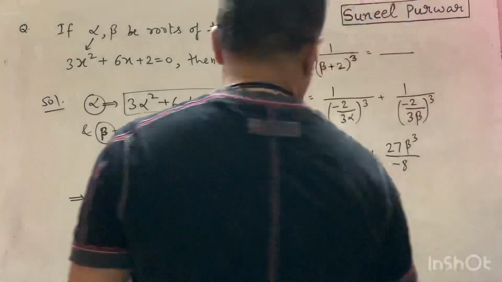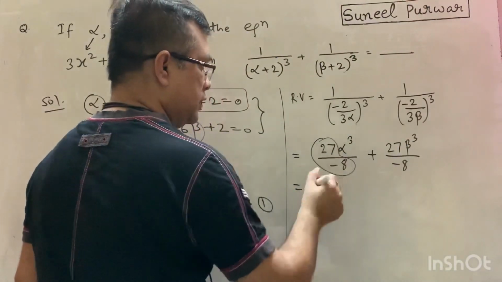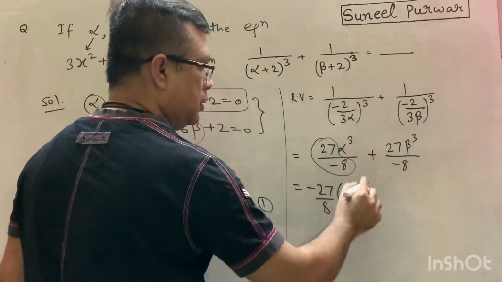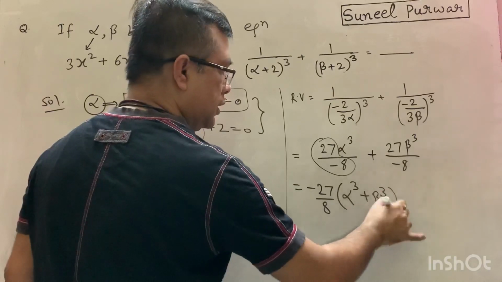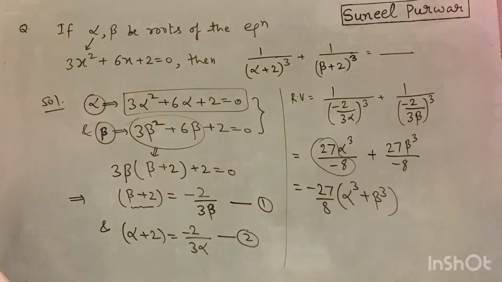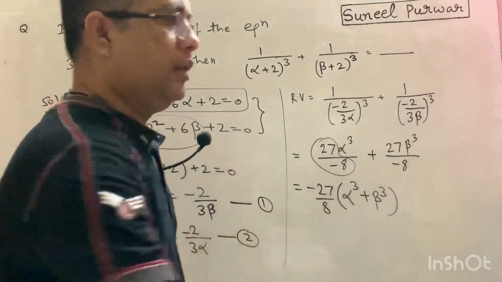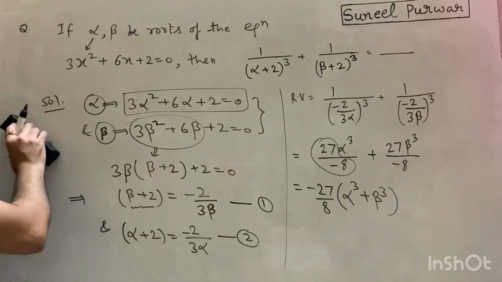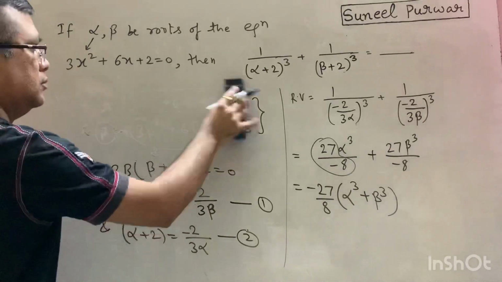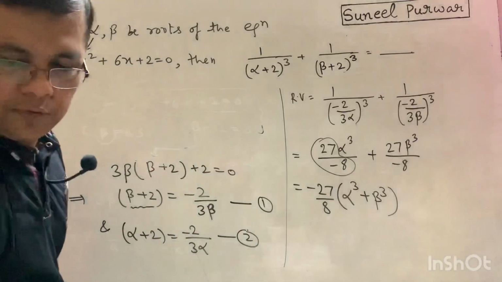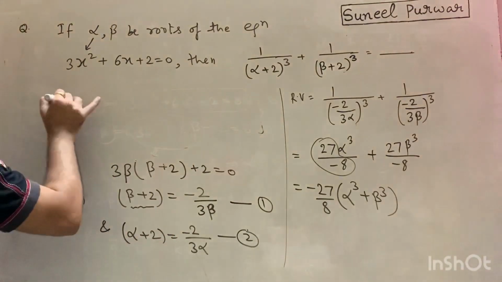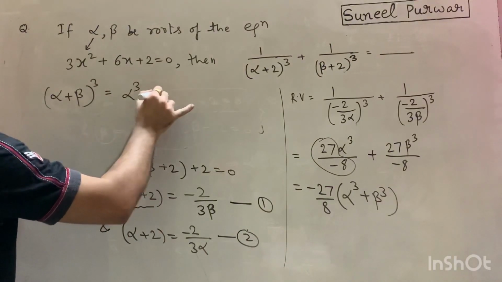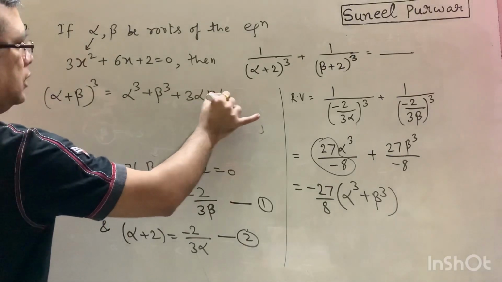So in fact, you can take the number minus 27 by 8 common, and the remaining part is alpha cube plus beta cube. Now here we will use an identity. All of you are aware of the formula for cubing: alpha plus beta whole cube is equal to alpha cube plus beta cube plus 3 alpha beta into (alpha plus beta).